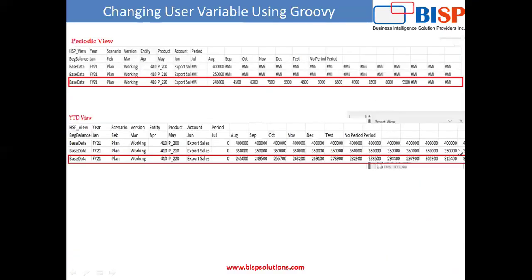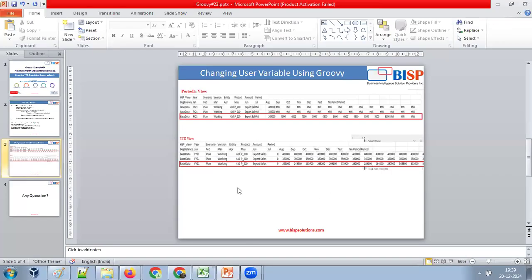So you see the difference. When I run without YTD, I'm getting month over month data: January, February, March, April. Whereas when I enable YTD export, data is getting aggregated: January, January plus February, January plus February plus March, April, and so on. And the same you can check over here.